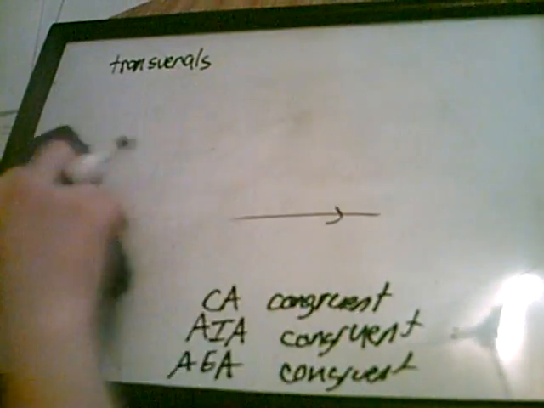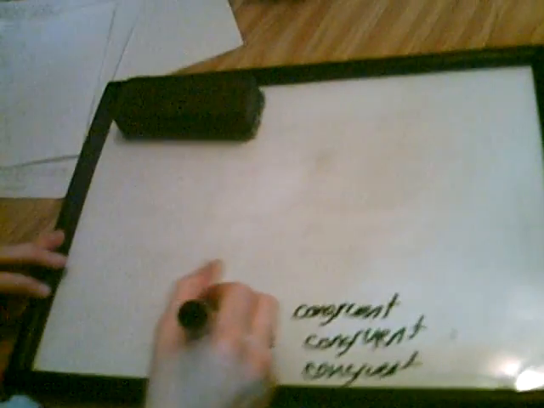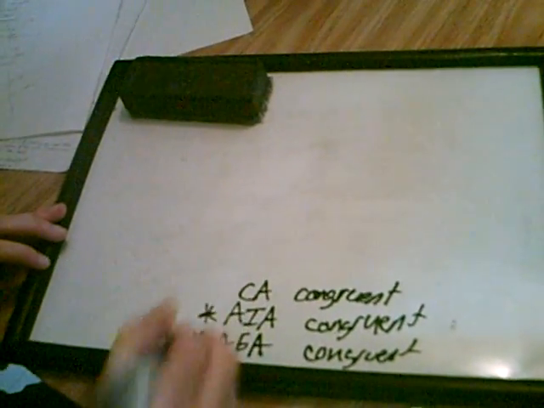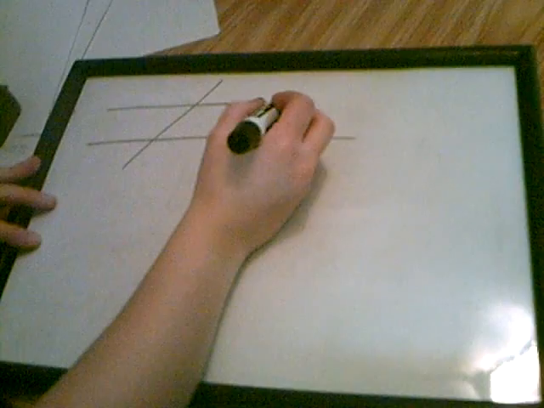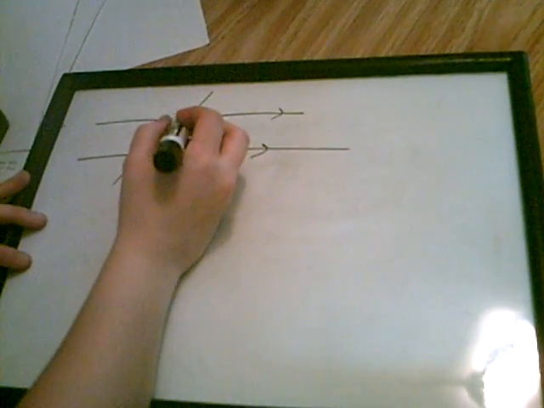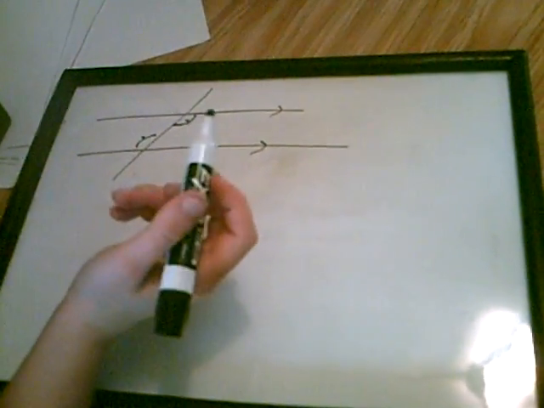Here, just for some kicks and giggles, I'll prove this one for you. I'll save the other one, so it would be a good question for a homework assignment. So I'm going to prove that alternate interior angles are congruent when cut by a transversal. If you have a transversal cutting parallel lines, the alternate interior angles will be congruent.